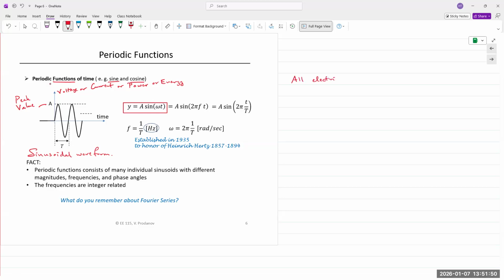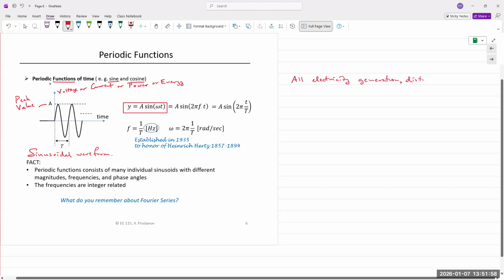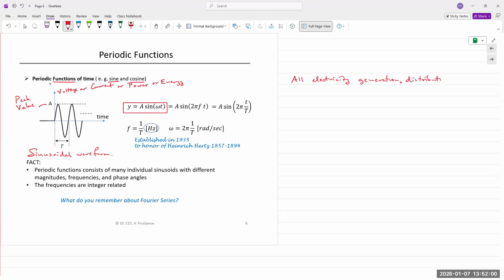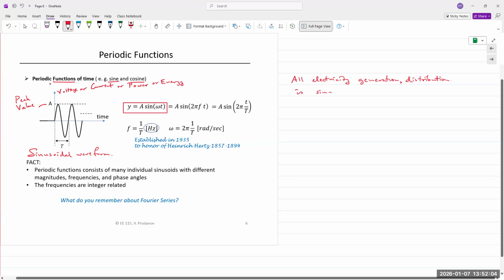So all electricity generation, transmission, distribution, and usage is sinusoidal. This is also the waveform that comes out of our power outlets worldwide.